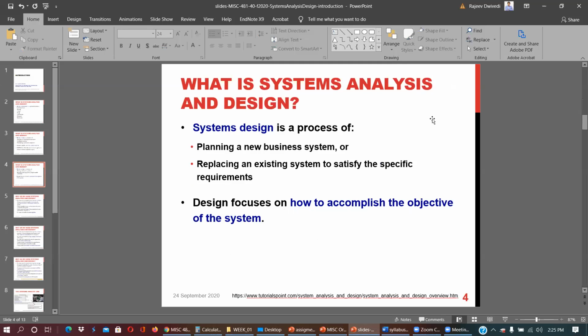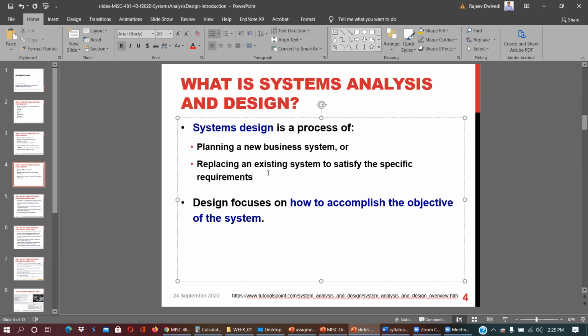Nowadays software is big business, and software and systems are upgraded and modified every year.